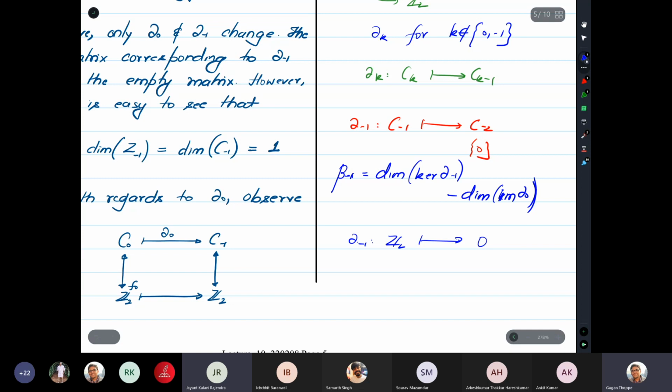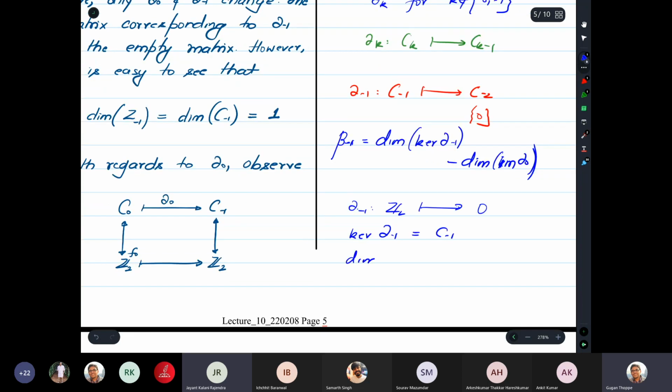So every element in Z2 is mapped to 0. Hence the kernel of ∂_{-1} is precisely C_{-1}, and the dimension of C_{-1} is precisely 1.